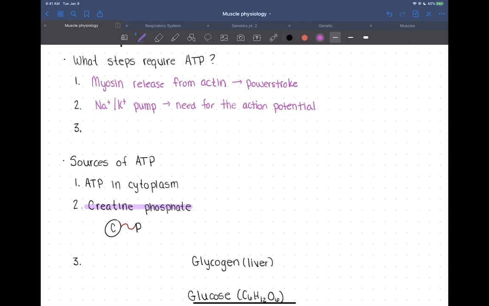So that is active transport of calcium into the sarcoplasmic reticulum. We're just going to abbreviate that SR. So putting that calcium back into the sarcoplasmic reticulum requires ATP.